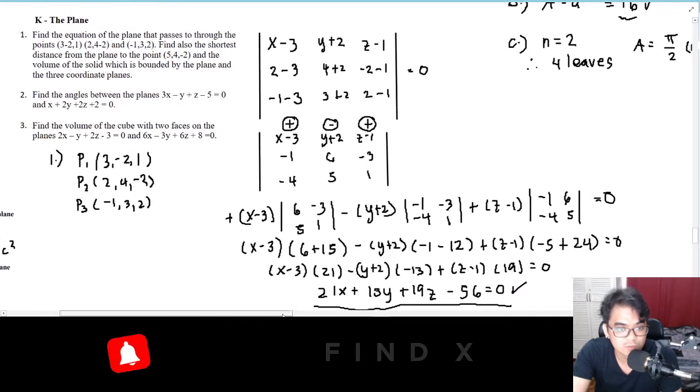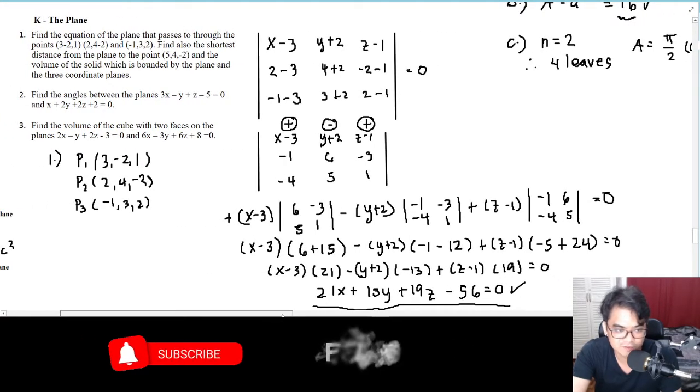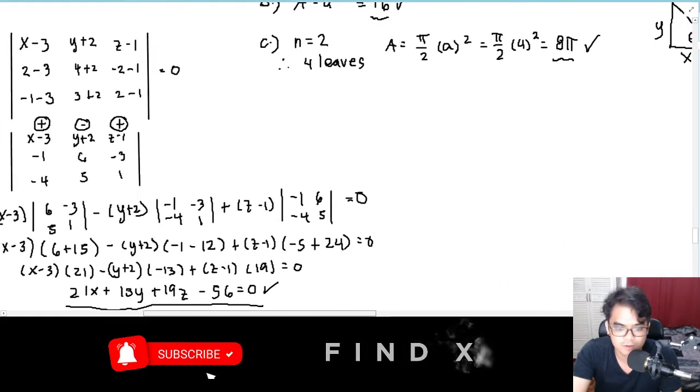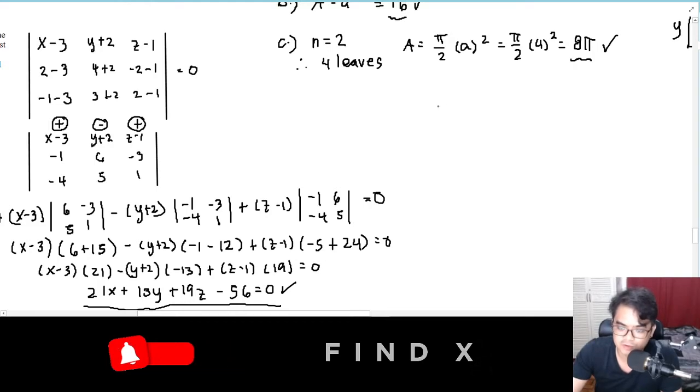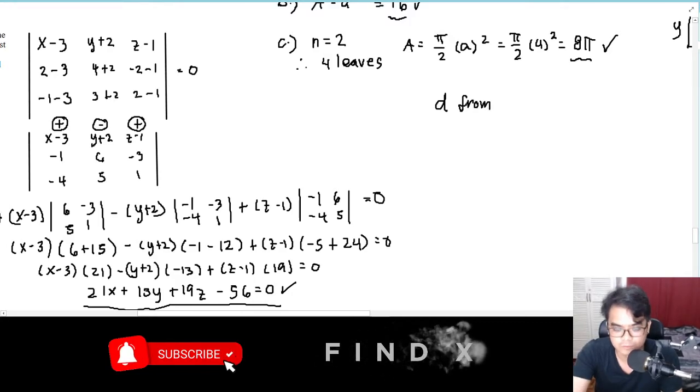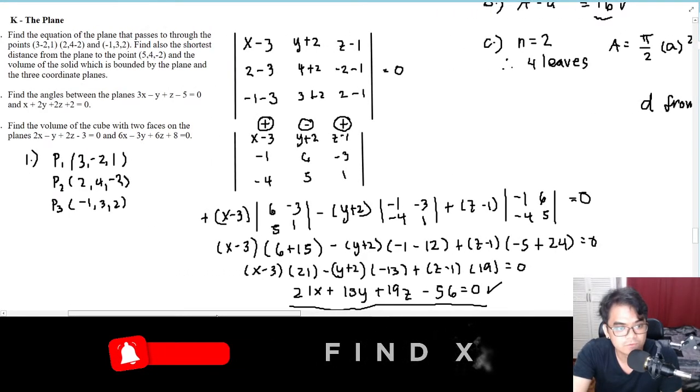Now, next question is, find also the shortest distance from the plane to the point 5, 4, negative 2. Okay. So we also find the shortest distance d from 5, 4, negative 2, right?